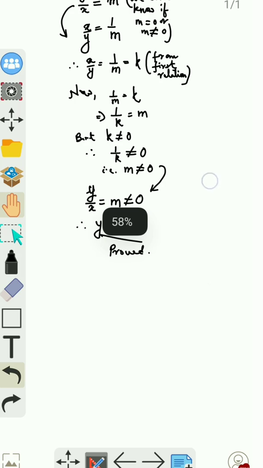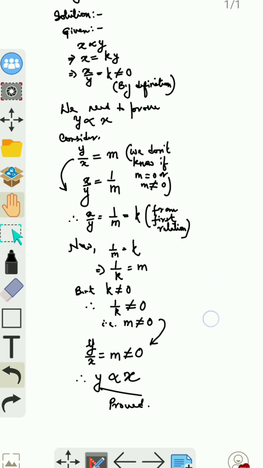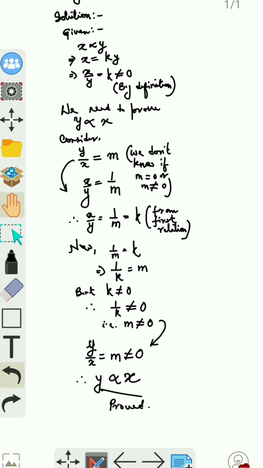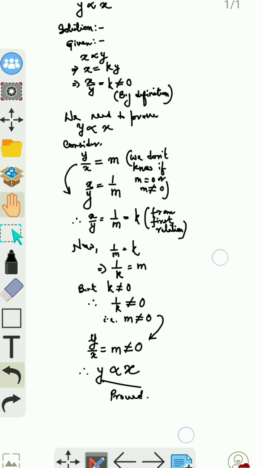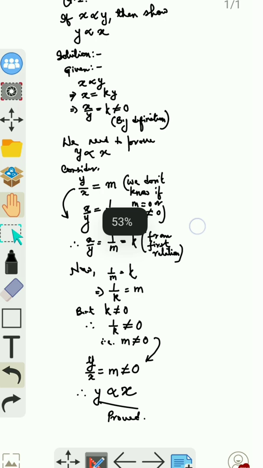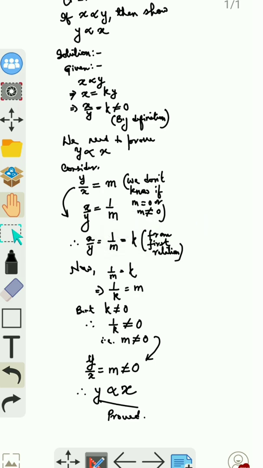So the main idea behind solving this type of problem is we need to know the definitions of variations. What does the definition of variation say in summary?